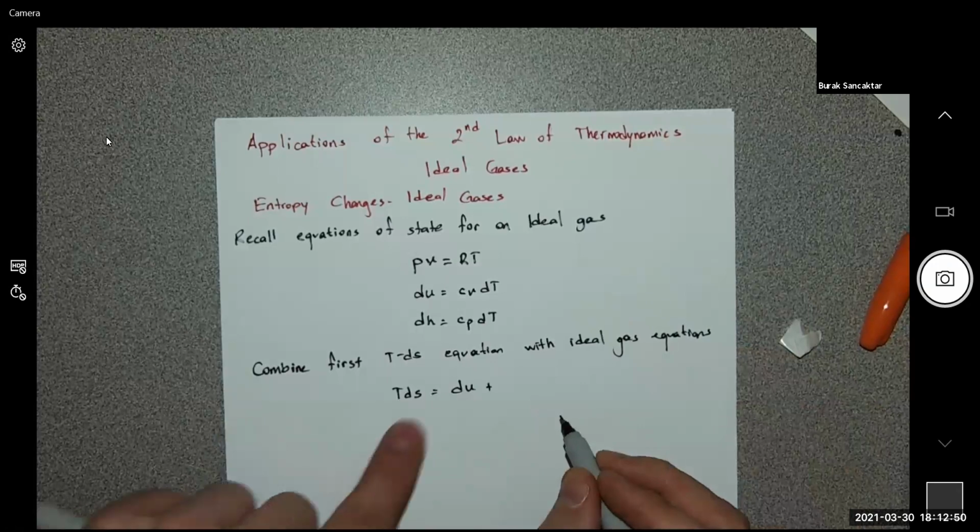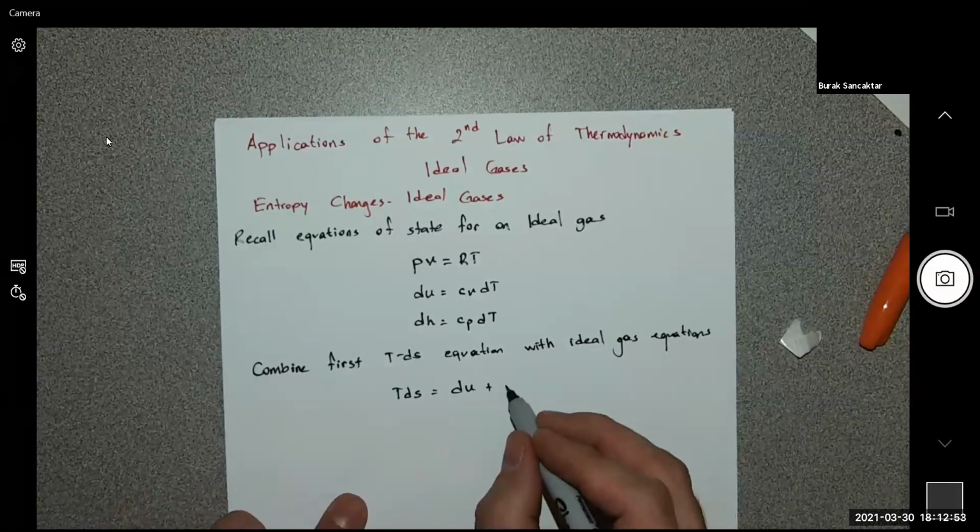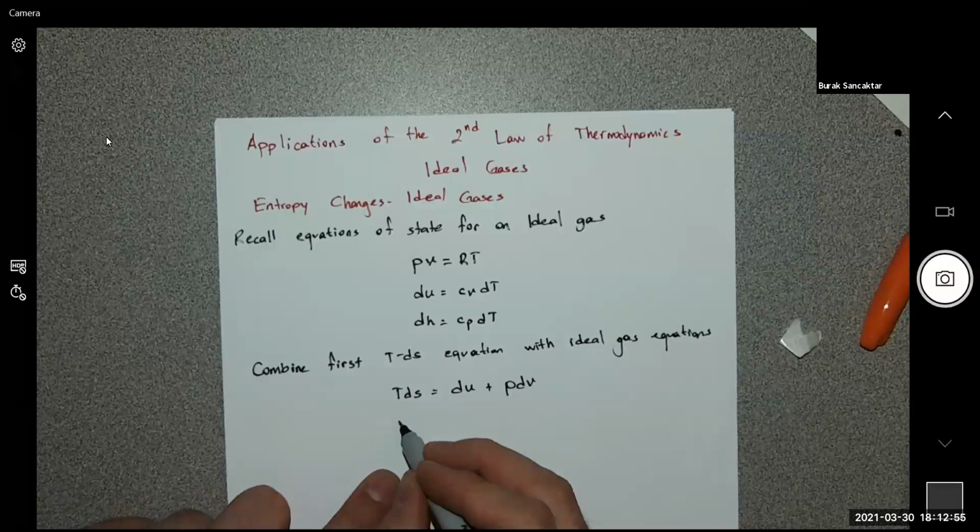Our first TdS equation: TdS equals du plus PdV.